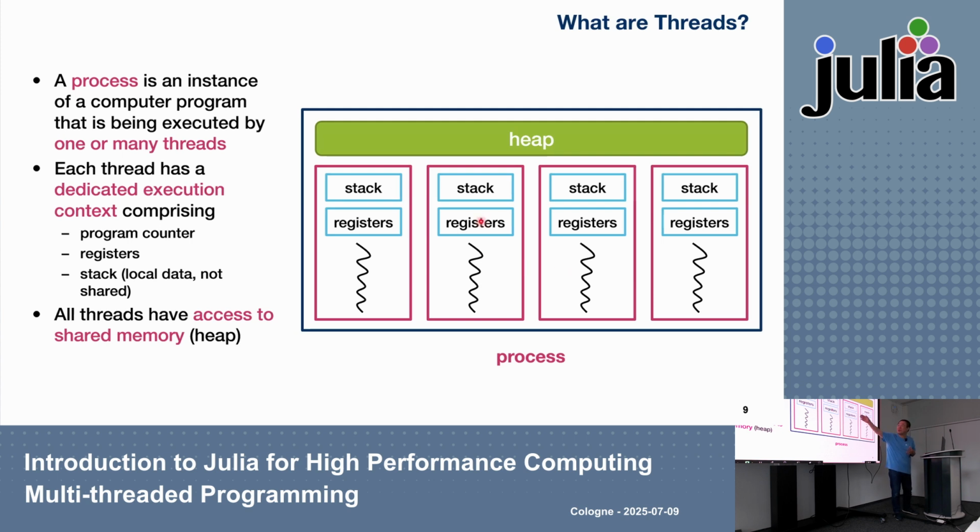And in addition to their private resources, they also share the so-called heap, as mentioned briefly in the morning by Alex. So as you can see, every single thread is able to access this heap.